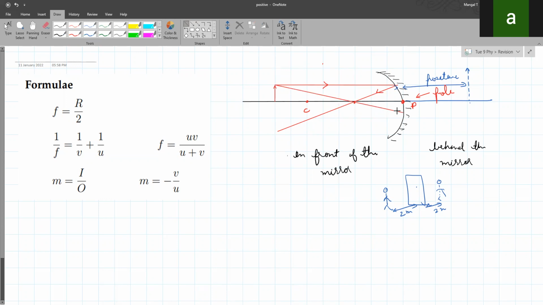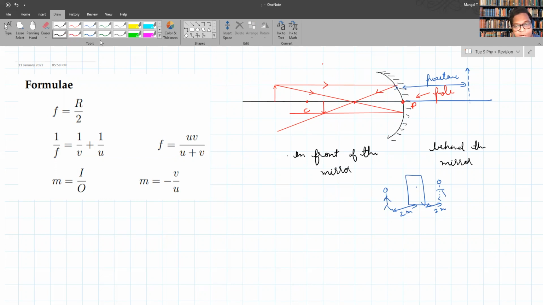Now you draw a ray like this. Now, an image is formed here in space, in air. If you wish to see that image, you will have to place a screen over here, something like a paper. So you will get an image on this. So this is a real image.